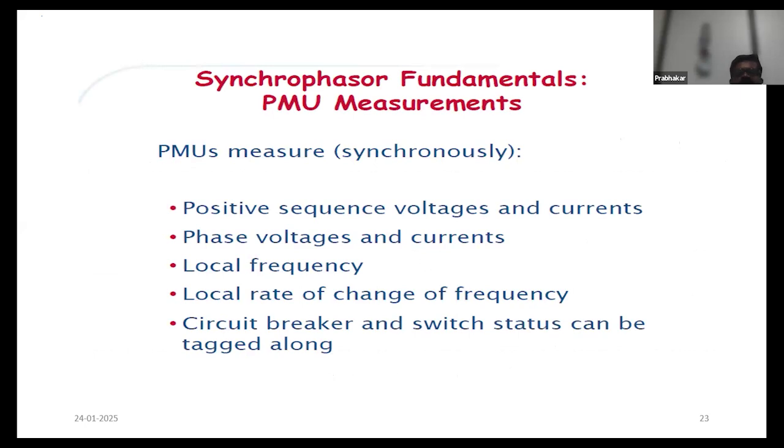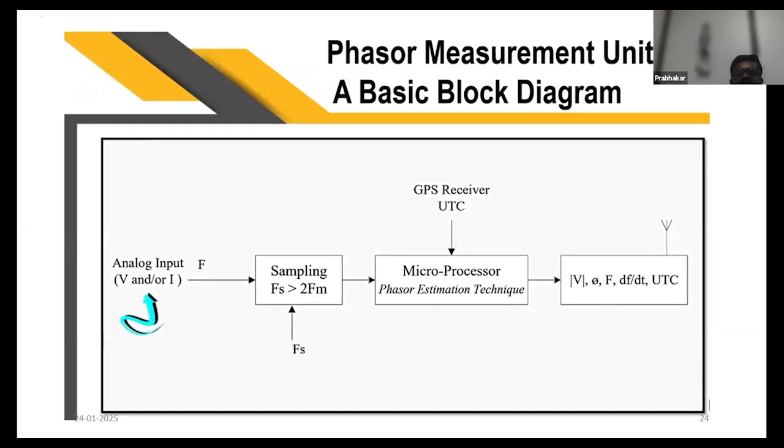Then similarly positive sequence voltage and current, then frequency, then rate of change of frequency, and along with that you can give the status of the circuit breaker. So these are all the information which you will receive from the synchrophasor unit.